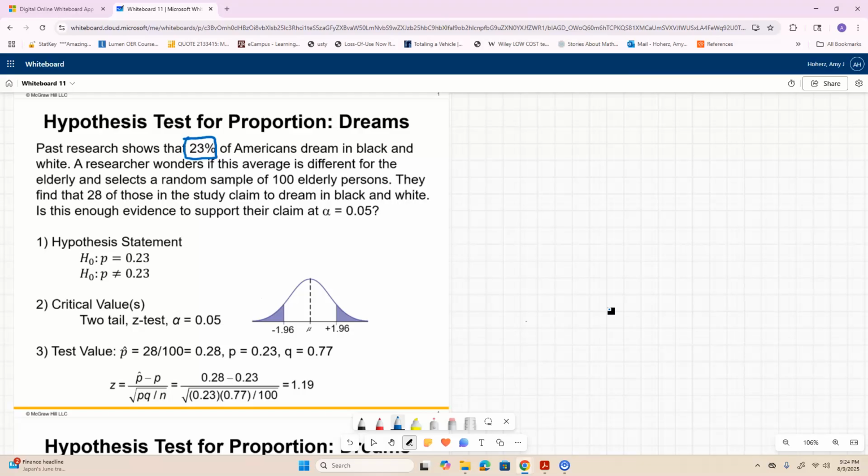In this case, it says past research shows that 23% of Americans dream in black and white. They're not giving us an average, like an average number of nights they dream or something like that. They're saying what percentage meet this criteria. So 23% dream in black and white. That's going to be the start of our hypothesis statement.